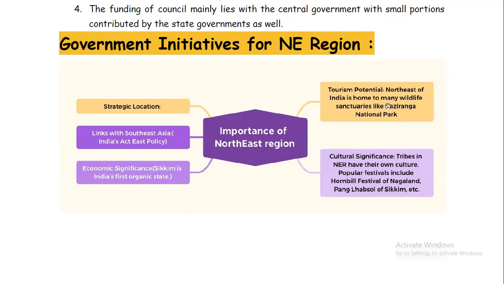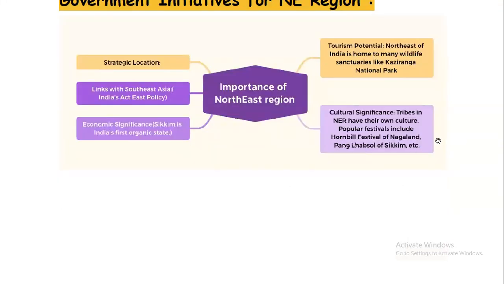Then tourism potential is there. Northeast India is home to many wildlife sanctuaries, and it brings tourists from all around the world. Here we can cite the example of our famous Kaziranga National Park. Then cultural significance is there.